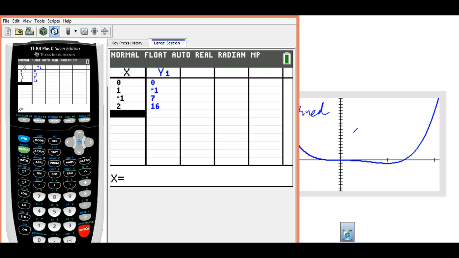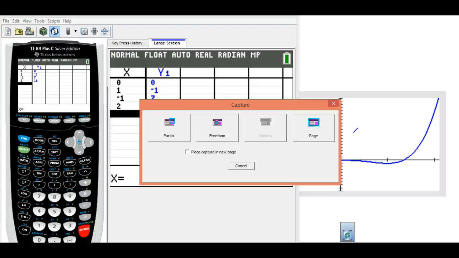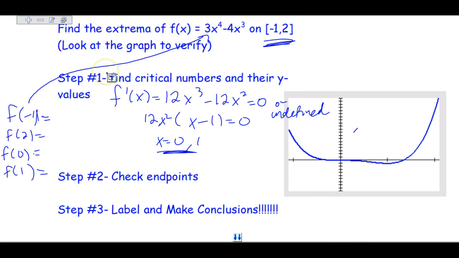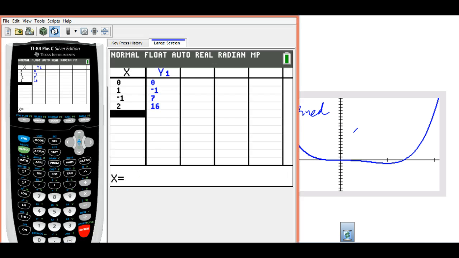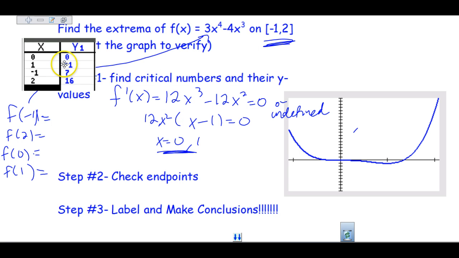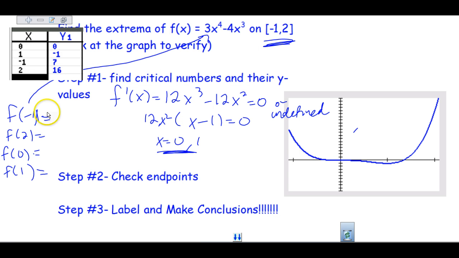It's a common mistake for people to plug these into the derivative, but recall that I care about high and low points on the original function, so please use the original function to generate these values. Okay, so we'll just put those over here so that we have them.